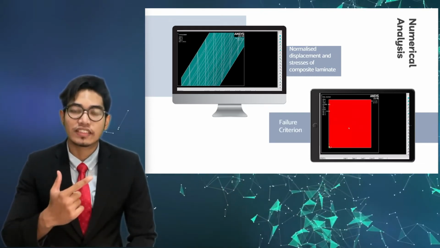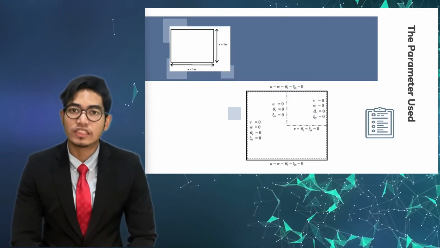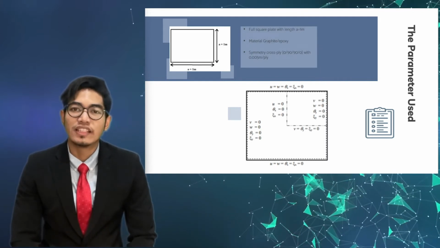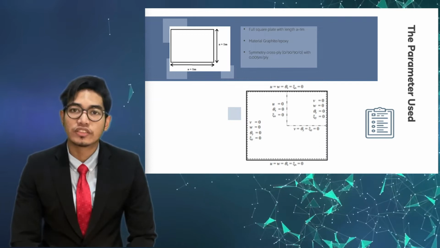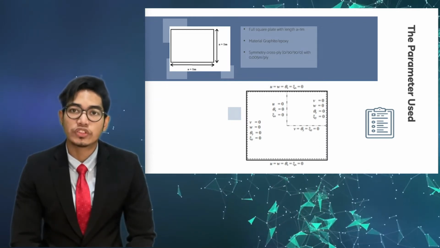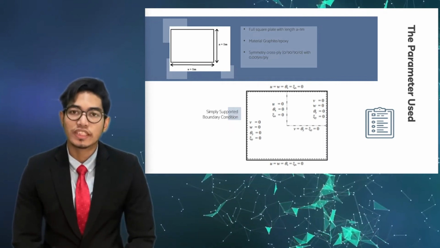In numerical analysis, 2 methods are used: normalized displacement and stress of composite laminate, and failure criterion. The parameters used for both methods are the same: a full square plate, 1 meter in length, graphite material, and symmetric cross-ply 0/90/90/0 lamination scheme, with 0.005 per ply. In this case, a simply supported boundary condition is used.